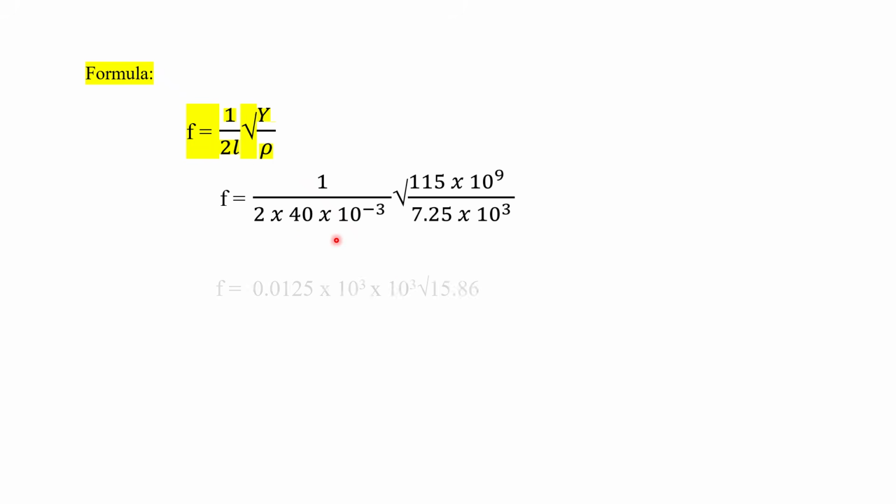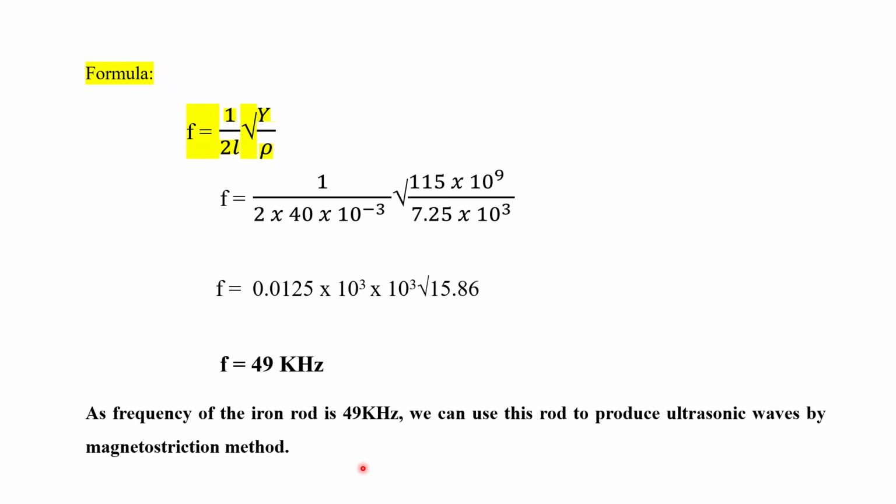Put the values into the formula, do the calculation. You will get the value of frequency as f = 49 kilohertz. As the frequency is greater than 20 kilohertz, we can say this rod could be used for the production of ultrasonic waves by the magnetostriction method.